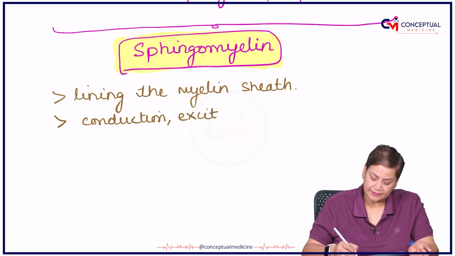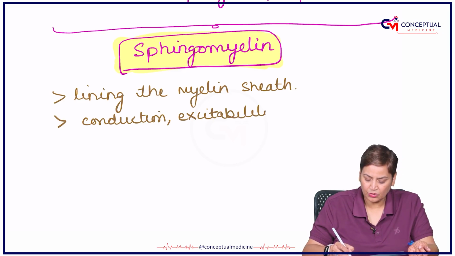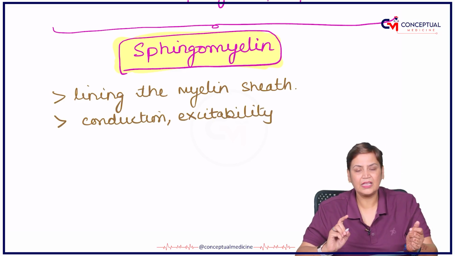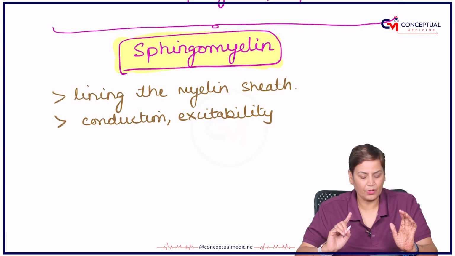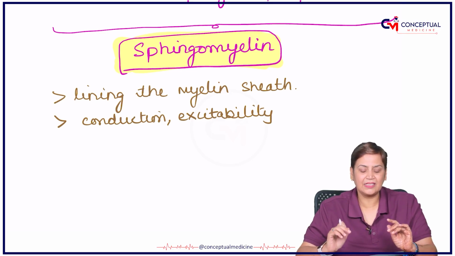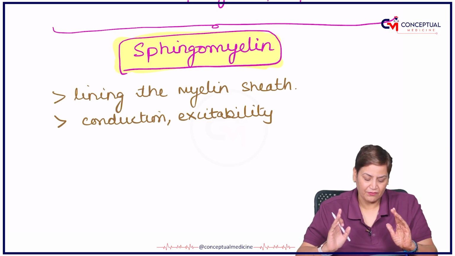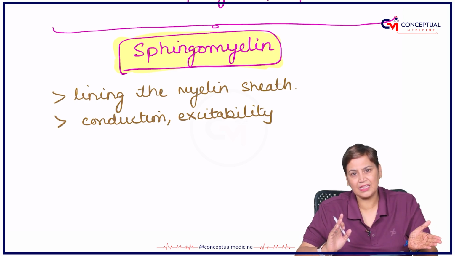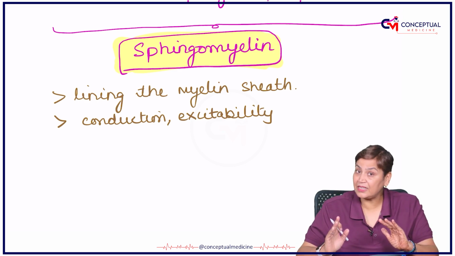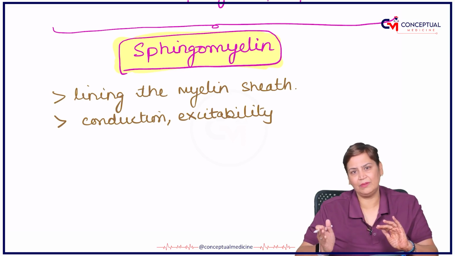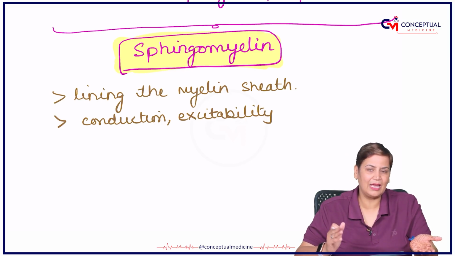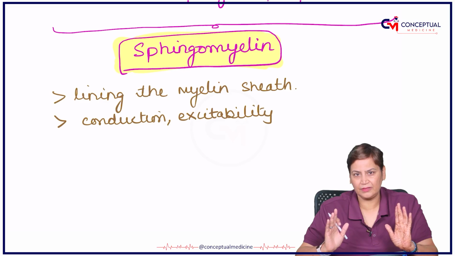This will be the function of sphingomyelin. Okay, so this is the first class of conjugate lipids, phospholipids, where phosphate is there, where the base is there, and the alcohol can be different. Alcohol can be glycerol, alcohol can be sphingosine.